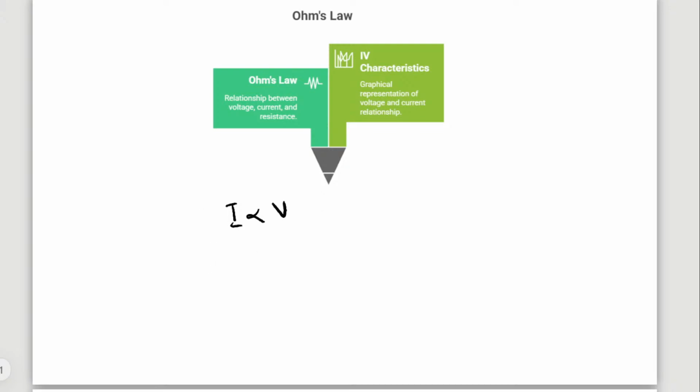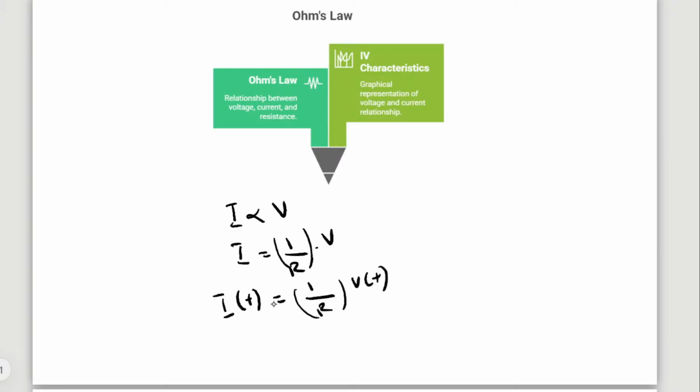The current is proportional to V, and I can write I equal to 1 by R into V. This is what we call Ohm's law. An important thing to remember: all these values are instantaneous values. That is, i of t equals 1 by R into v of t. This is what we call Ohm's law.